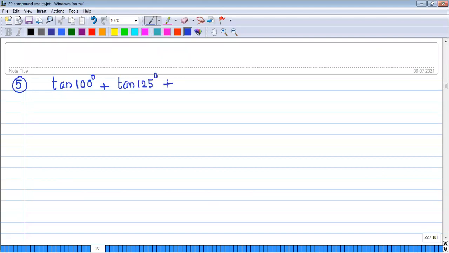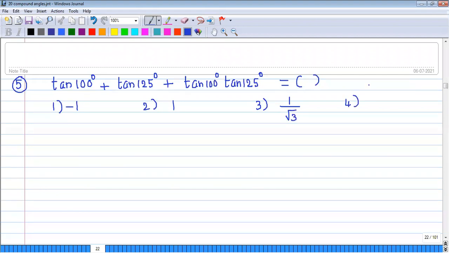Unmute yourself. Tan 100 degrees multiplied with tan 125 degrees equals: first option, 0; second option, 1; third option, 1 upon root 3. Unmute yourself, I'm getting disturbance.